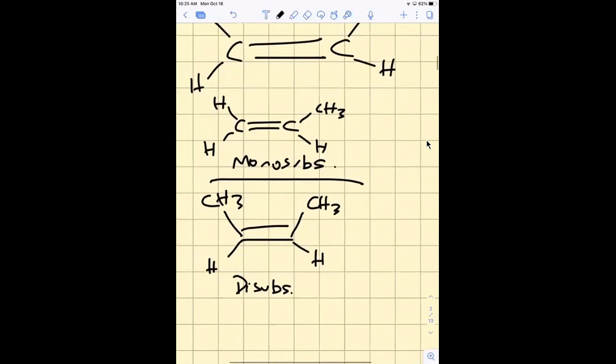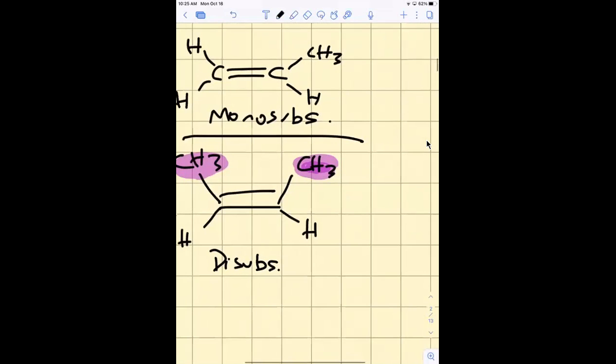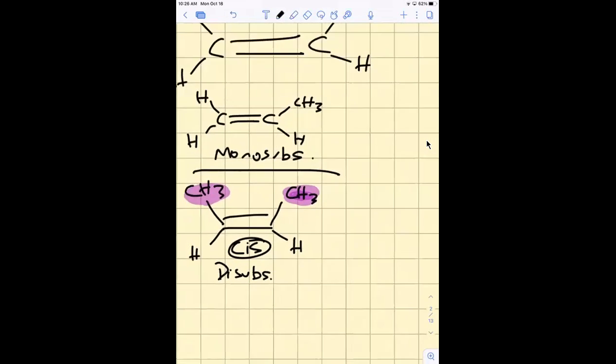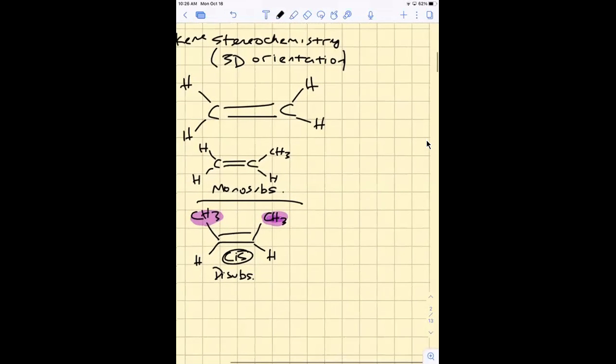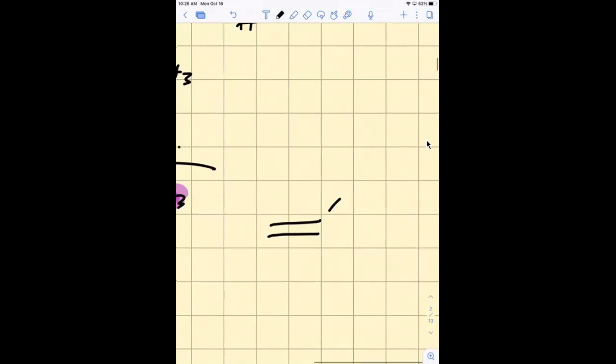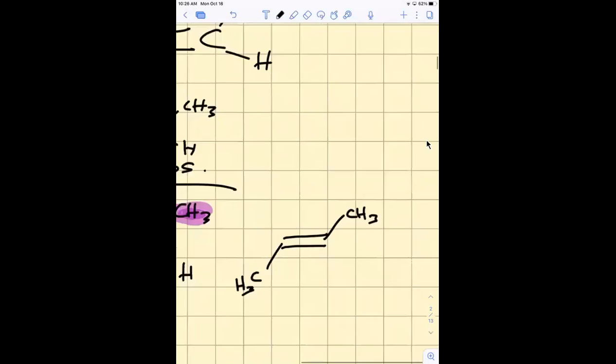And this particular orientation, where both of your groups are on the same side, we call that the cis orientation. It just means the two groups are on the same side. And it has to be disubstituted in order to be cis or trans. All right. And if you have an alkene like this, same alkene, but notice the stereochemistry is different.